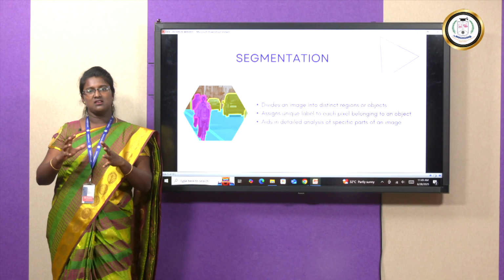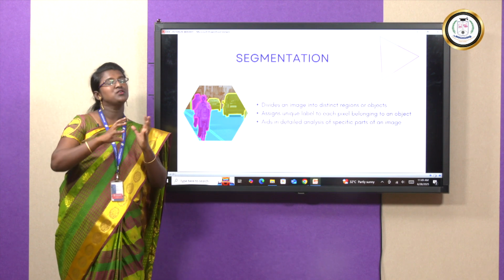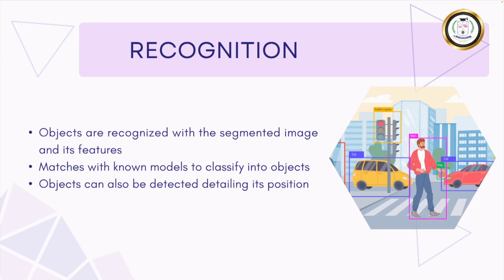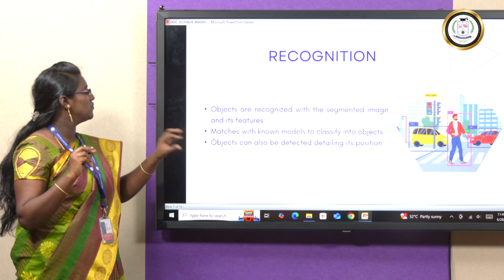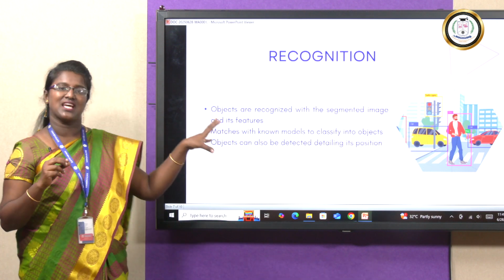Once we're done with segmenting essential parts of an image, we go straight into something called recognition. What is recognition? As the name says, it is to understand what it says. Once we identify the individual objects, we have to do image classification or image detection.